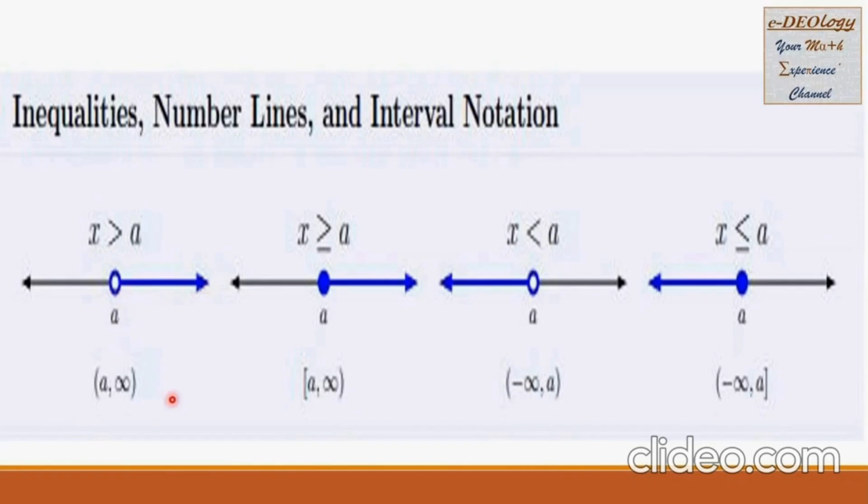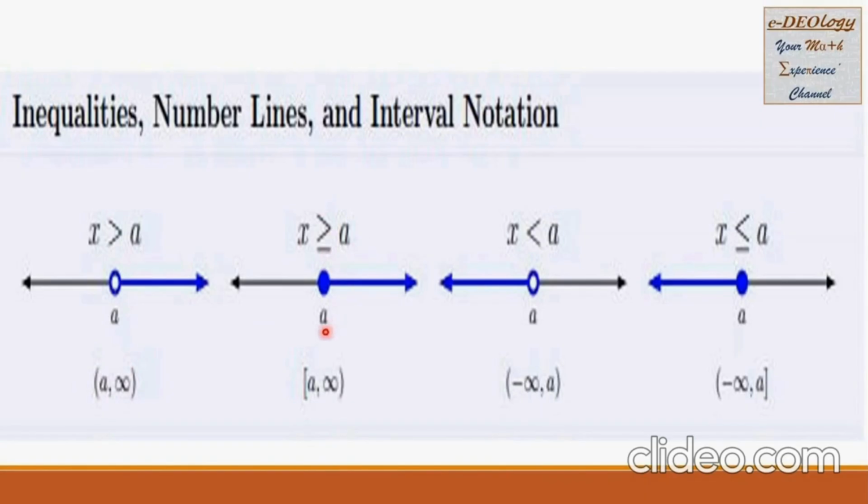And for the interval notation, we put first the a, comma, and infinity, and then the left parenthesis because a is not part of the solution, and we also put a parenthesis after the infinity. We take note that all the time for the infinity, we always use a parenthesis. The second type is x greater than or equal to a.